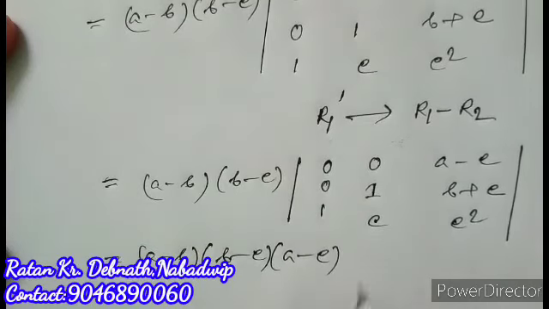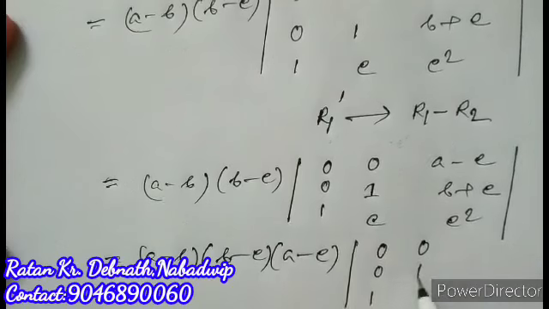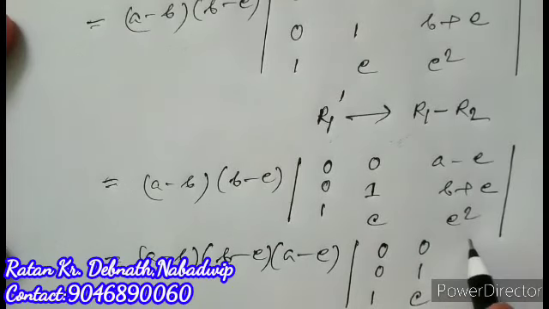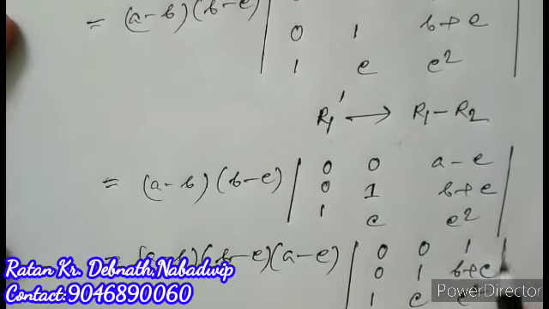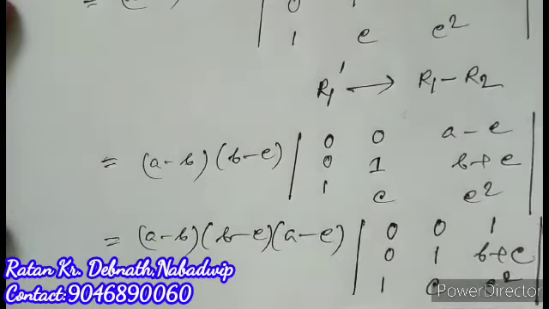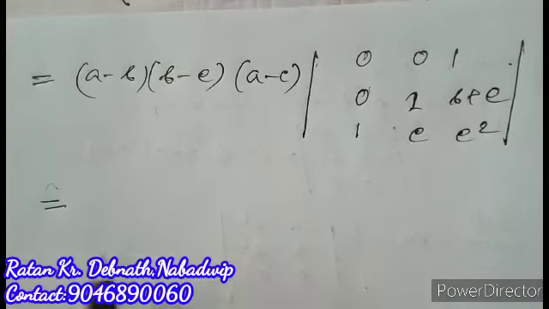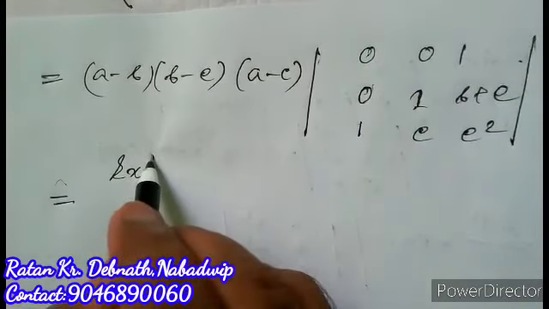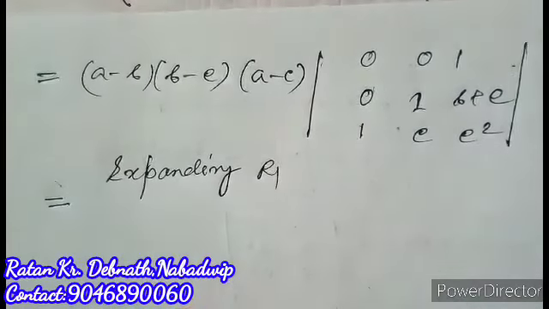A minus c; 0, 0, 1; 0, 1, c; 1, b plus c; 0, 1, b plus c, c square. In order to get the final value, we have to expand along r1.